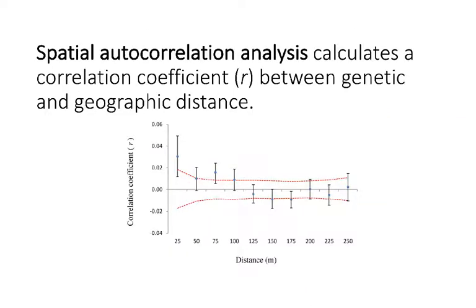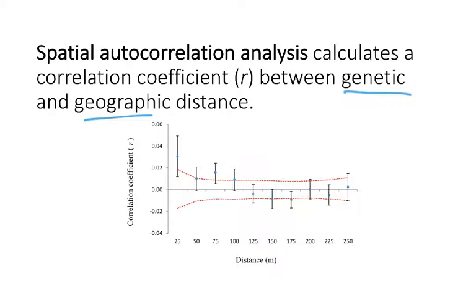Another method we can use is called spatial autocorrelation analysis. What we do here is essentially calculate a correlation coefficient, abbreviated by lowercase r, between genetic and geographic distance. This is very similar to when we talked about determining whether isolation by distance is happening in one of the previous modules, when we talked about doing a Mantel test.